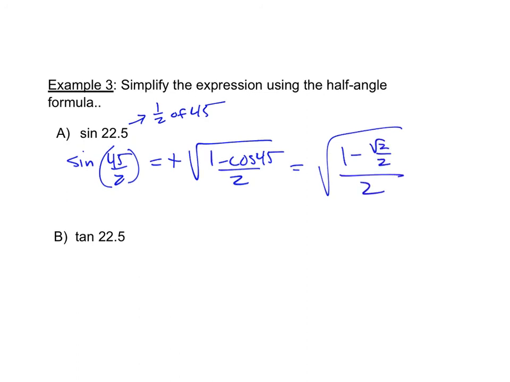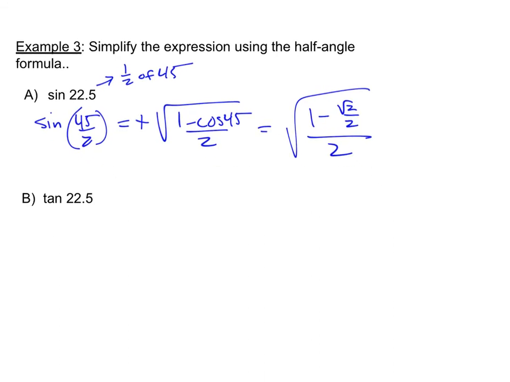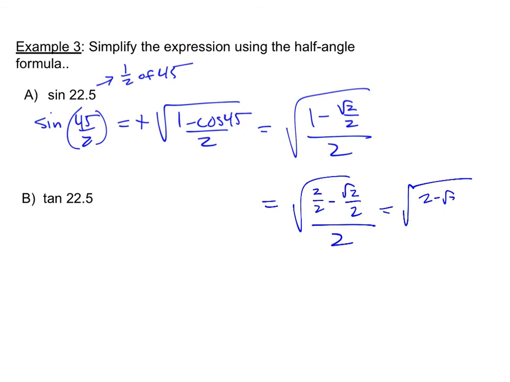This is where things get a little bit tricky, but you got to be careful. That's 2 over 2 minus square root of 2 over 2 all over 2. A lot of 2's going on there. That's going to be equal to 2 minus square root of 2 over 2 times 1/2.